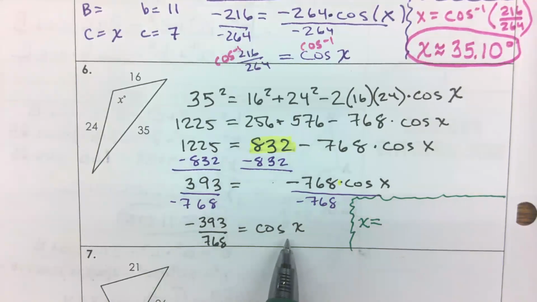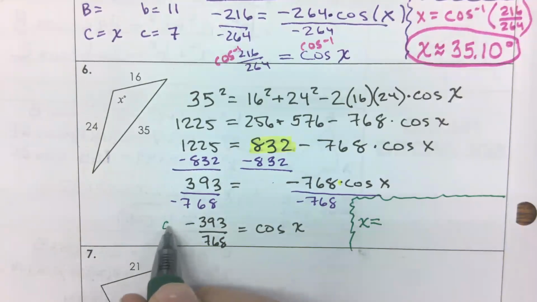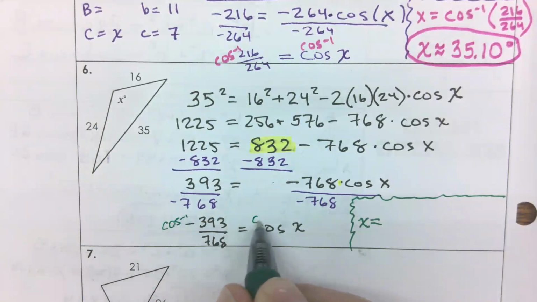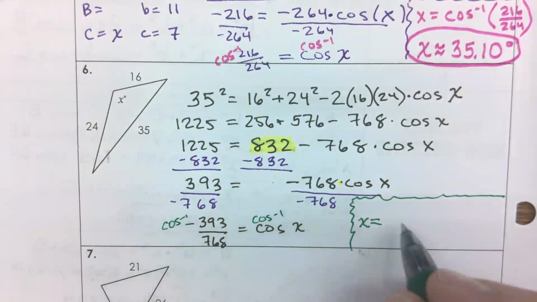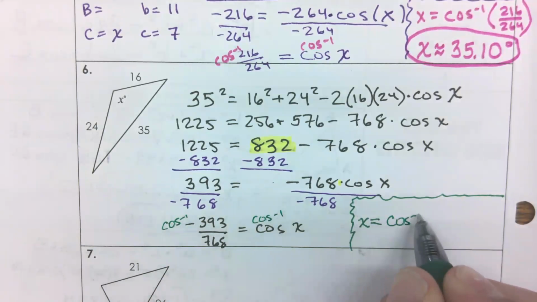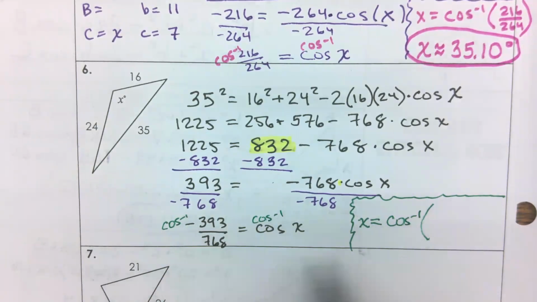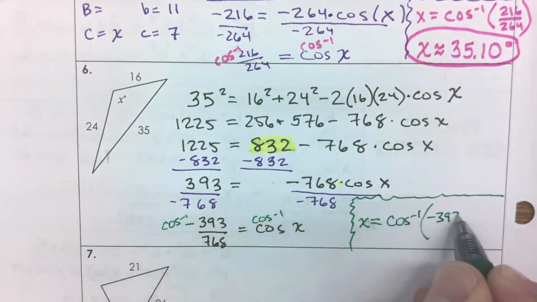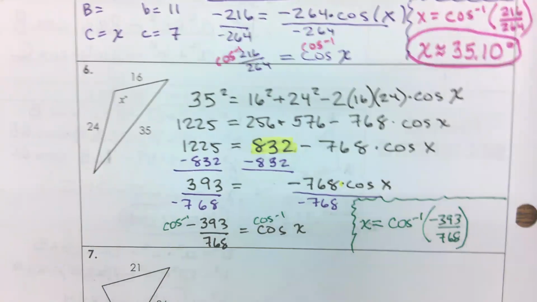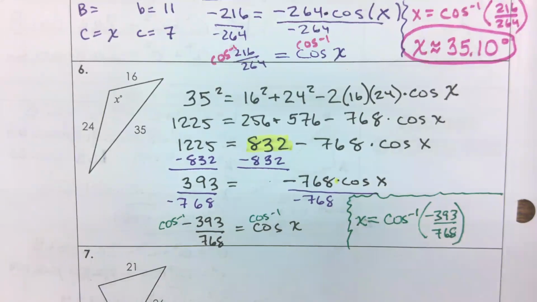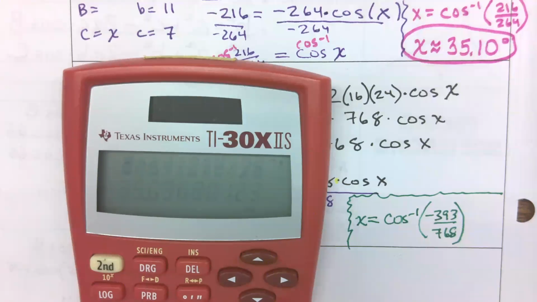In order to solve for x, what do we do to both sides? Do inverse cosine or arc cosine. And again, we can use that calculator trick for this one if you want.